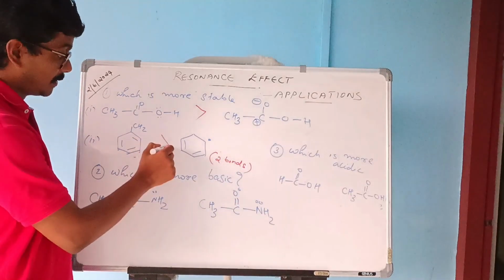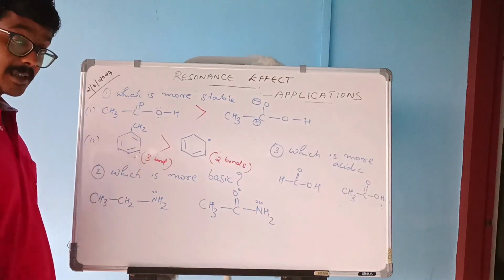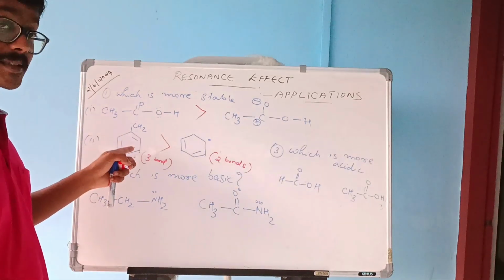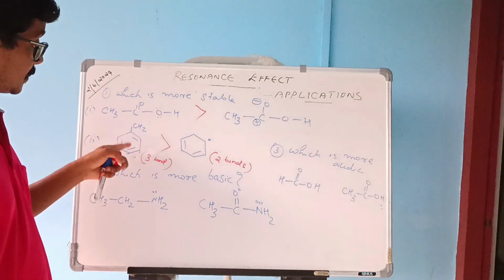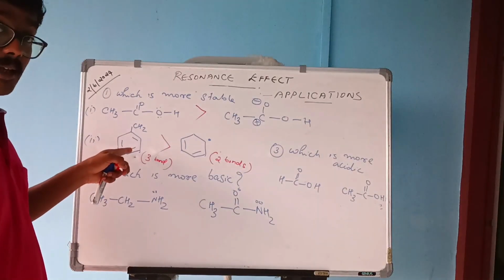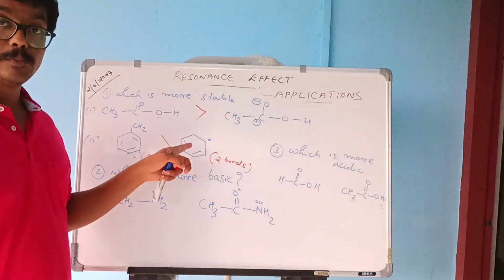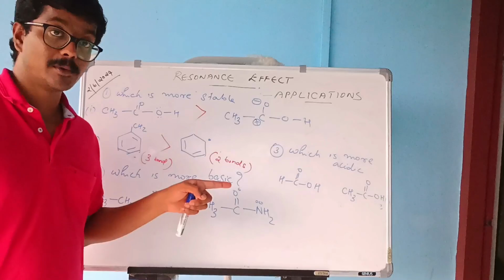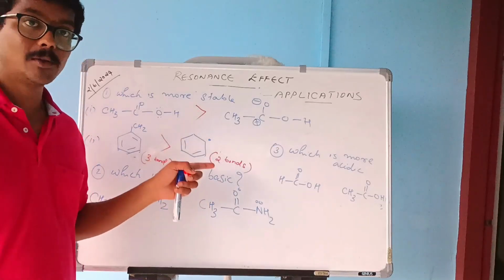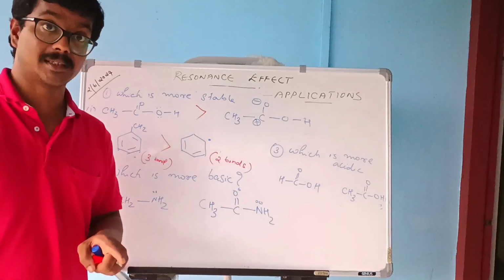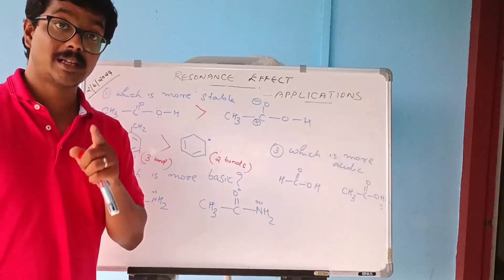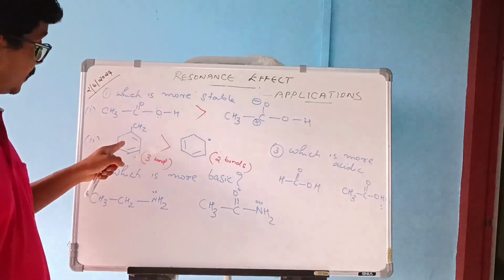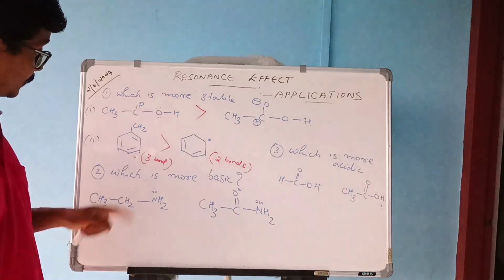So which is more stable? Absolutely, this one is more stable because the number of resonance structures is more in the first one, because 3 pi bonds are there, here only 2. As the number of pi bonds increases, the possibility of the number of resonating structures also increases. When the number of resonating structures increases, the stability of that compound increases.